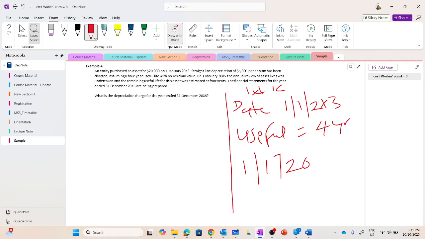So we need to determine the carrying value. On 1st January 20x3, this is the cost of 20,000. Depreciation for 20x3 is 5,000.